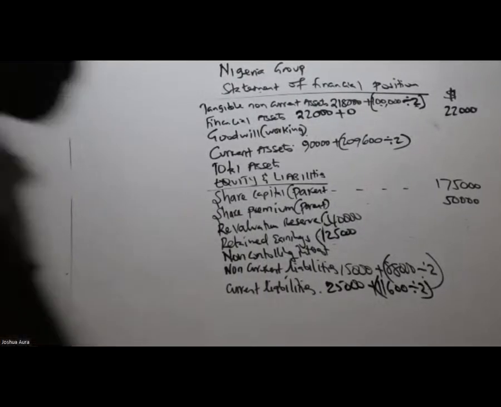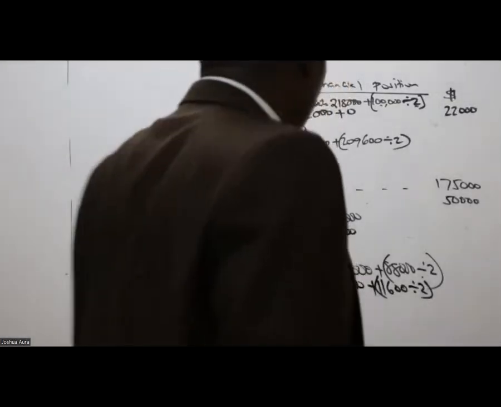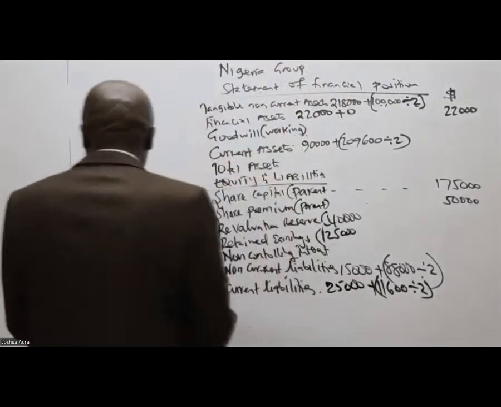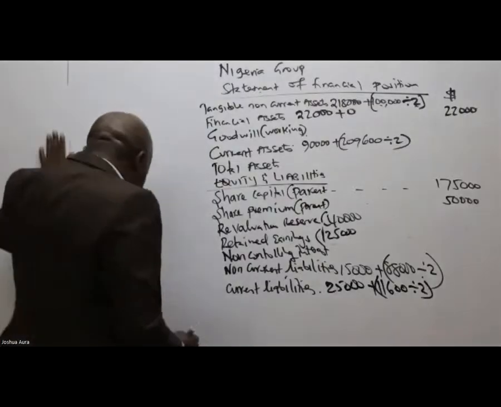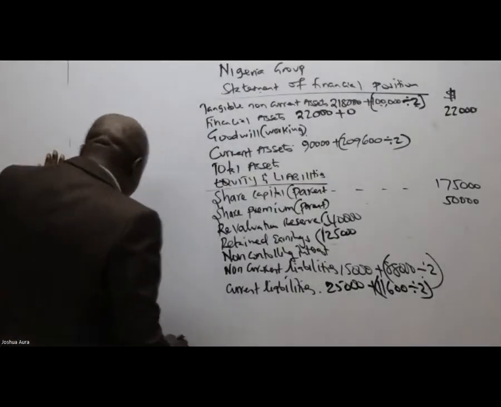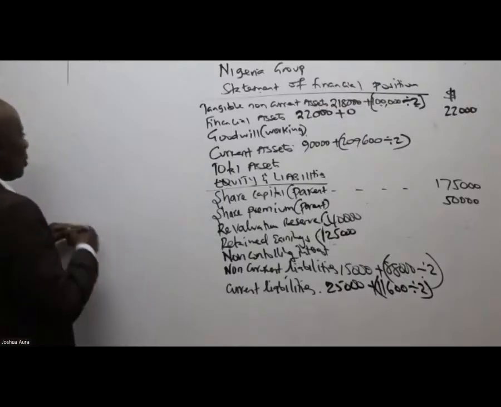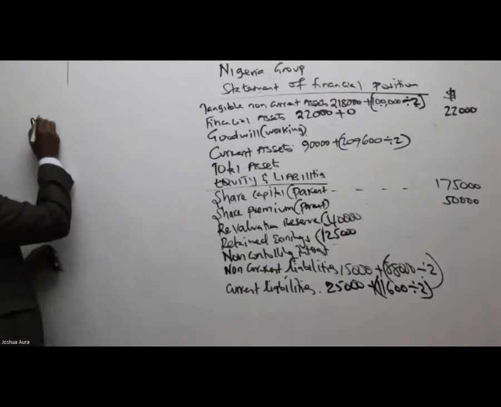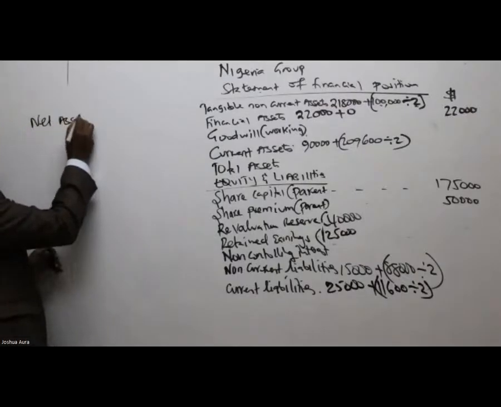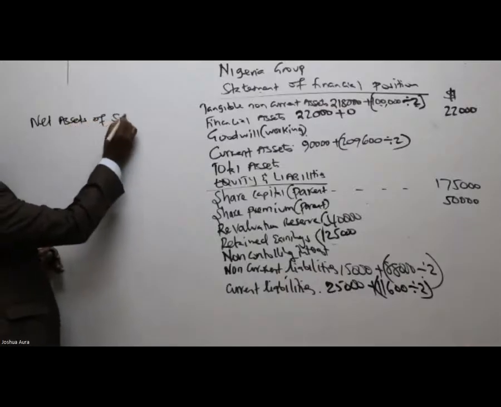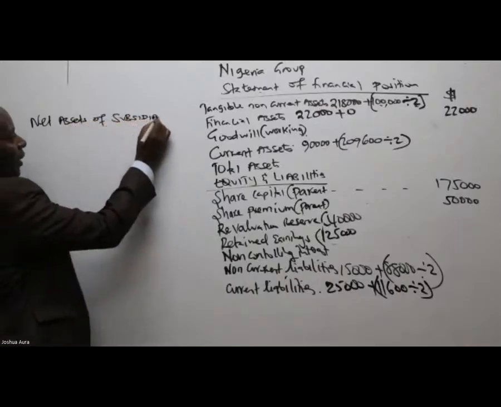So please go ahead and give me the net assets of the subsidiary. Now we are dealing with the net assets of the subsidiary. It is 3 marks really.